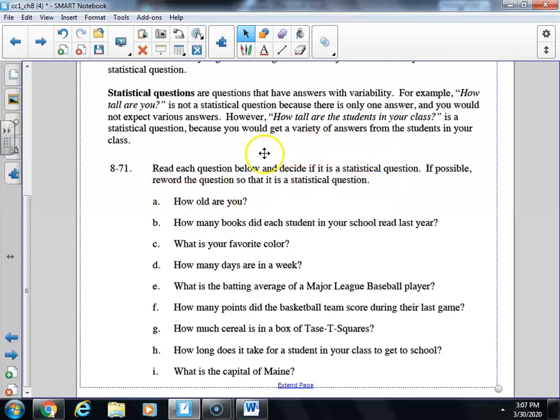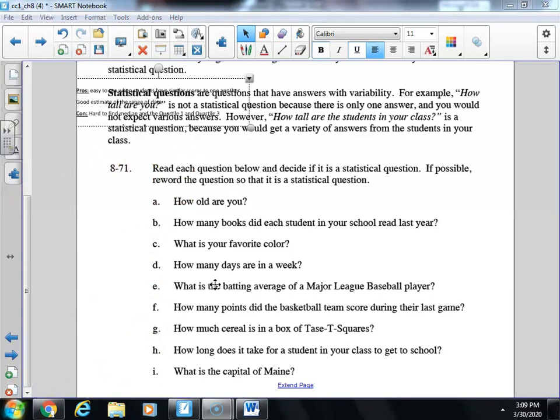As a review, a statistical question is a question where you will get more than one possible answer. A non-statistical question is when you ask somebody and there's only one answer possible. Okay, so go ahead and pause the video, letter A through I, and go ahead and write statistical or non-statistical.